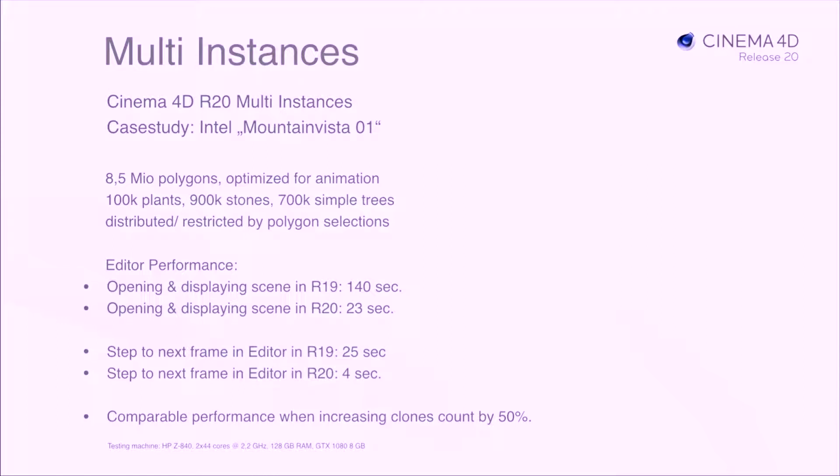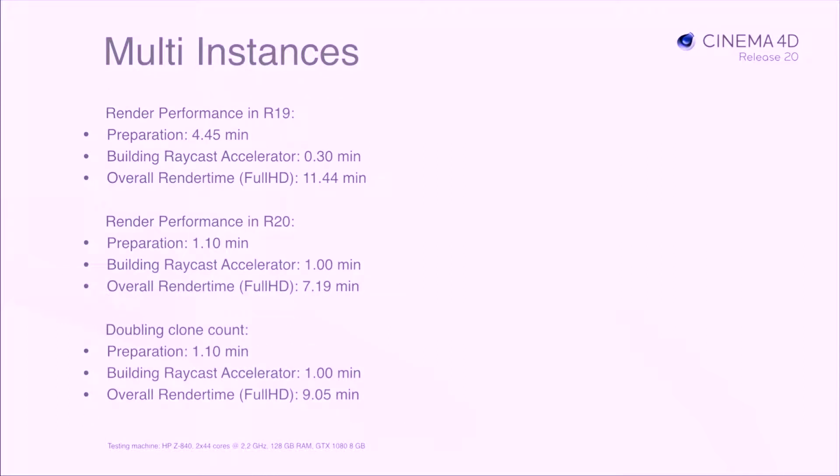Render preparation time is greater in R19, almost 5 minutes, and in R20 it's just over a minute. And the raycast accelerator time is slightly longer in R20.